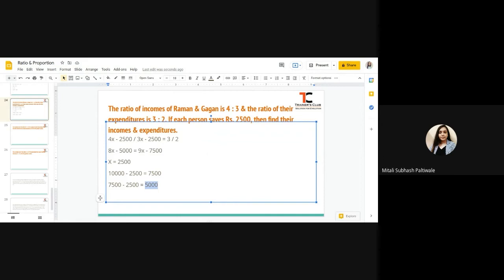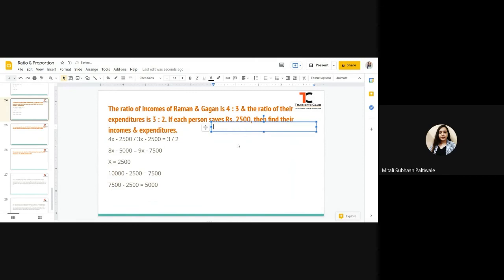Now let's do one more thing. I'll give you a formula, actually a few formulas, which will help you solve these things in no time. Okay. So here, first thing, income of A. Income of capital A, meaning the first person, will be equal to X(B minus C) by (AD minus BC).